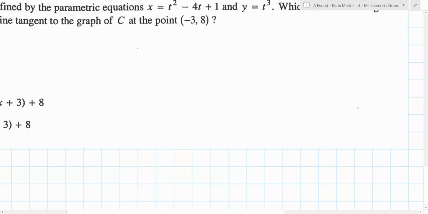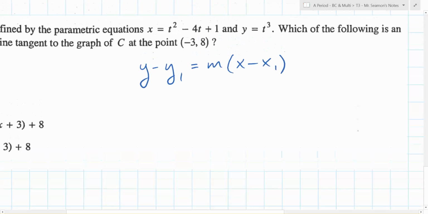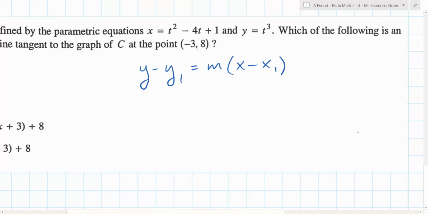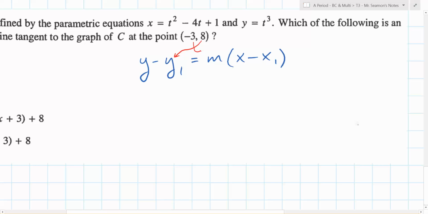And what is that equation? y minus y1 equals m times x minus x1. Do we already have 2 of those values? Which 2 do we already have? y1 and x1. So what's the only thing we're looking for now? We are looking for m.